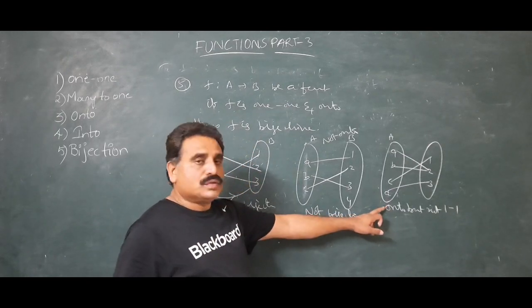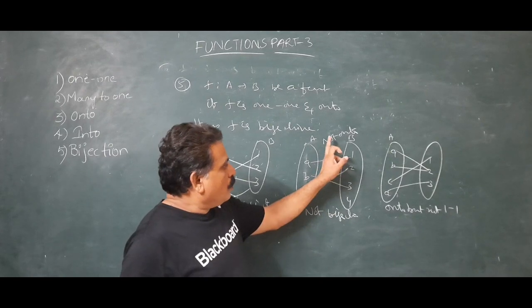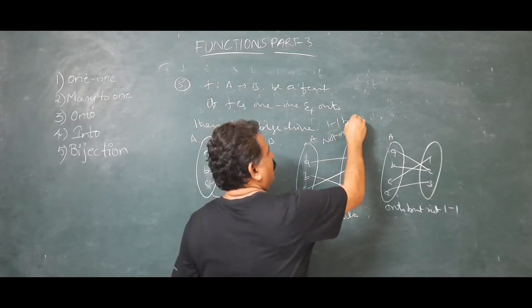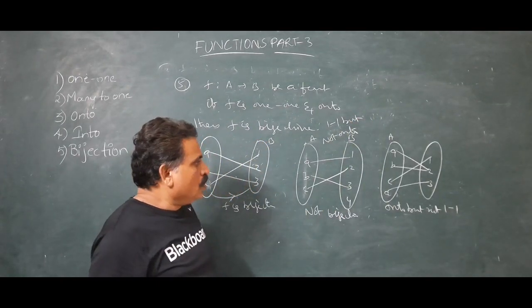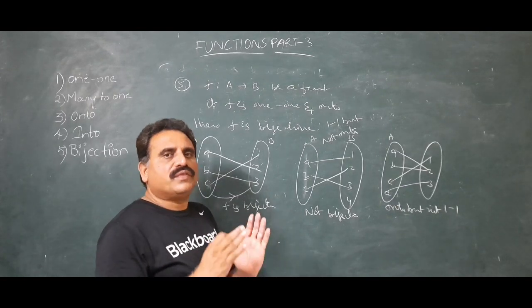So it is not bijective. Here, 1-1 but not onto is also not bijective. So if the function is both 1-1 and onto, then that function is called bijective.